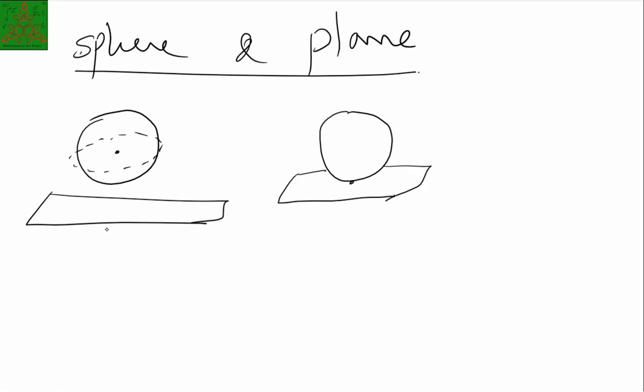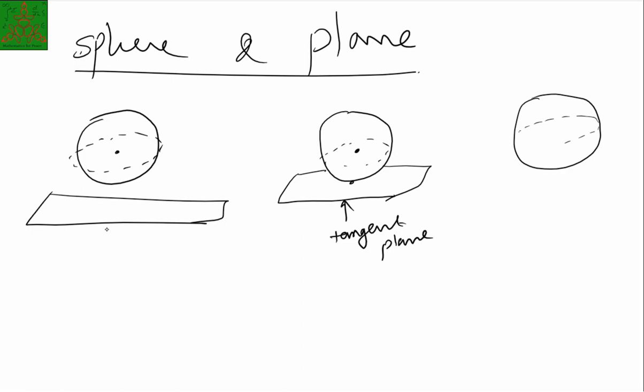If this is the center of the sphere, and the plane touches it here, then in that case this is called the tangent plane. The third possibility is that the plane and the sphere intersect each other.